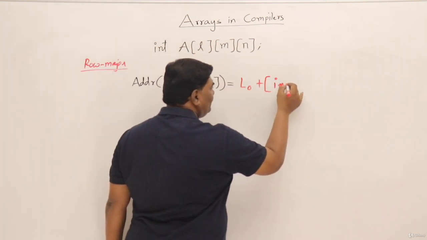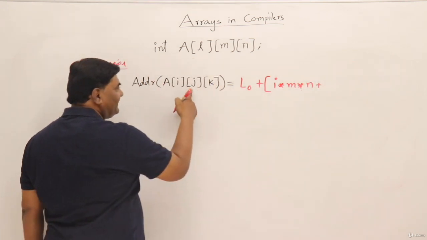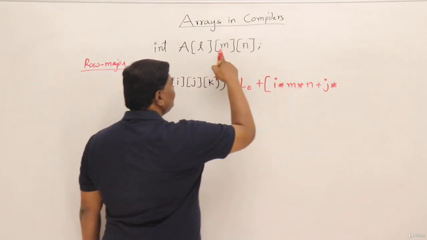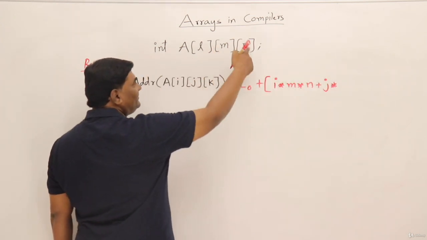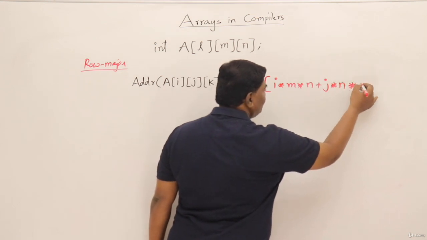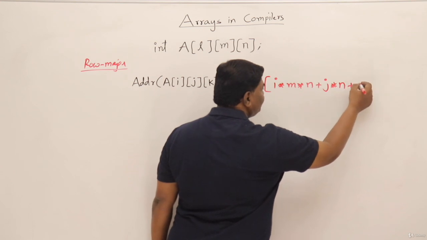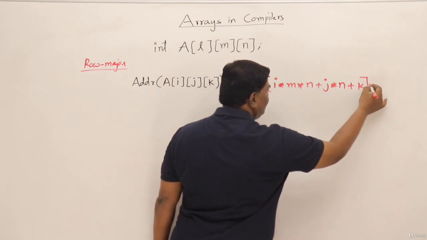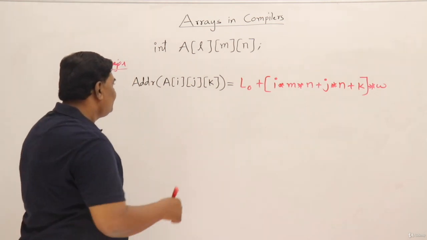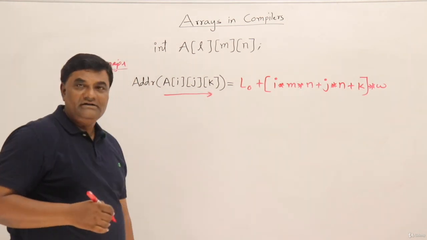So I into M into N, plus second dimension, that is J, multiplied by the third dimension, that is N, plus K, and this was the last dimension, so multiplied by W. K is the last index. So we have prepared a formula by moving from left to right.